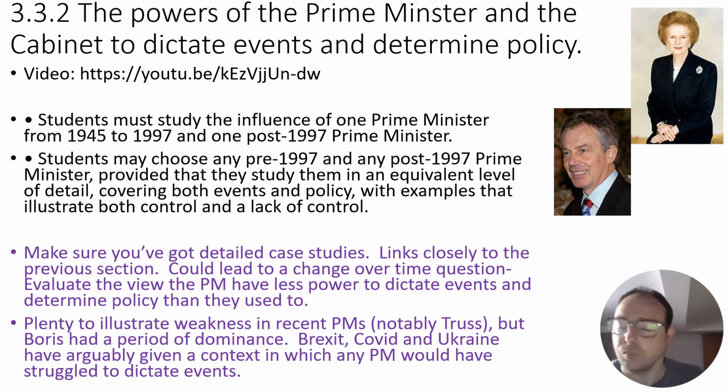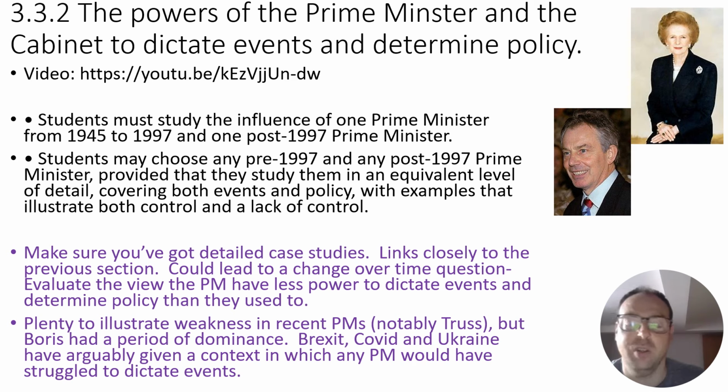But you don't have to be those two. It could be any. You might want, I don't know, Attlee and Heath. Who knows? So whichever ones for pre-97, and then you might really want to do Cameron post-97, or Brown or Truss or whoever.